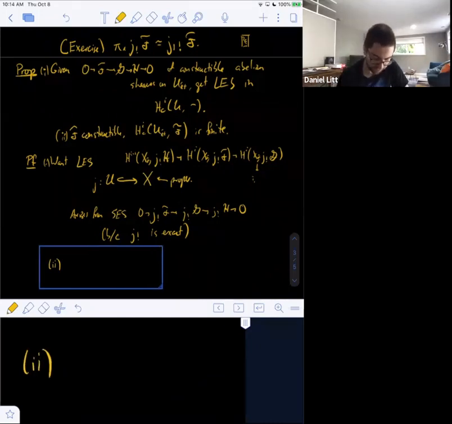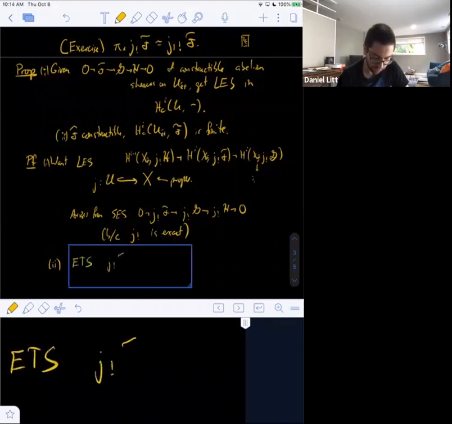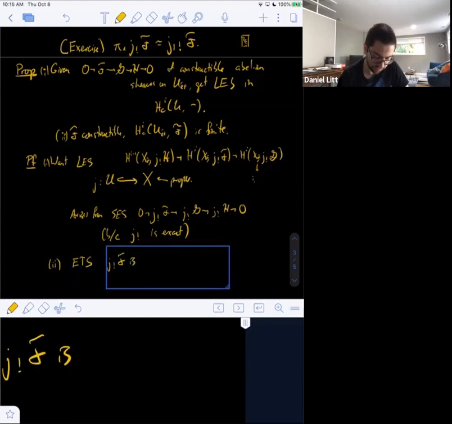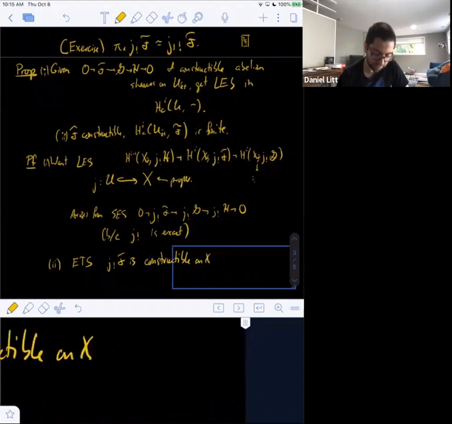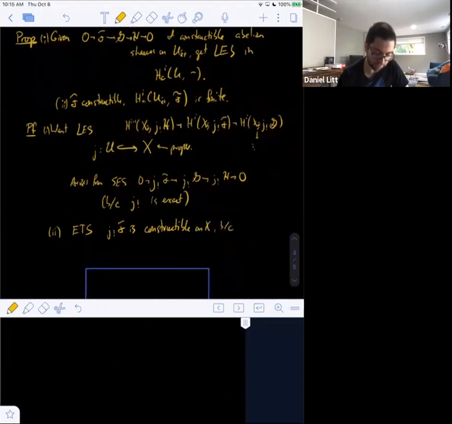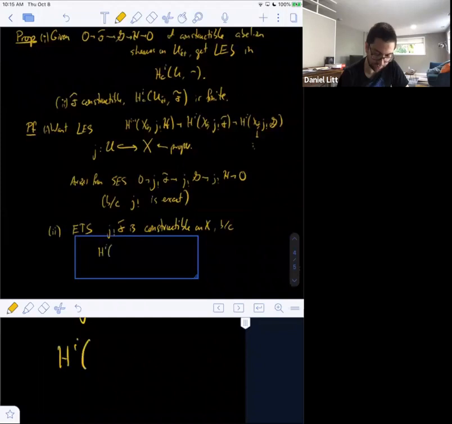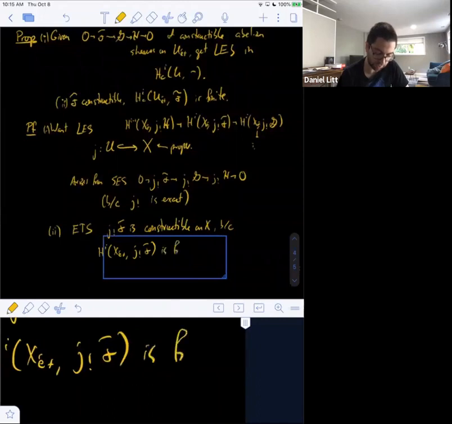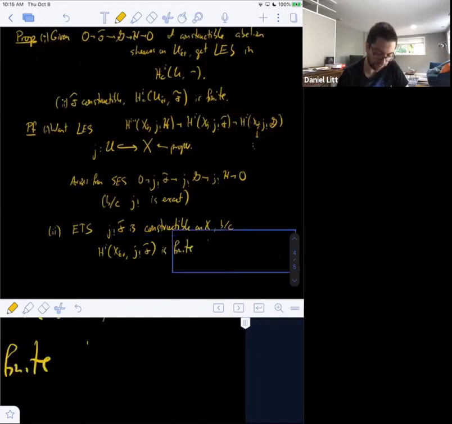So the claim is that it's enough to show that j_!F is constructible on X, because then H^i(X, j_!F) étale is finite by the proper base change theorem.